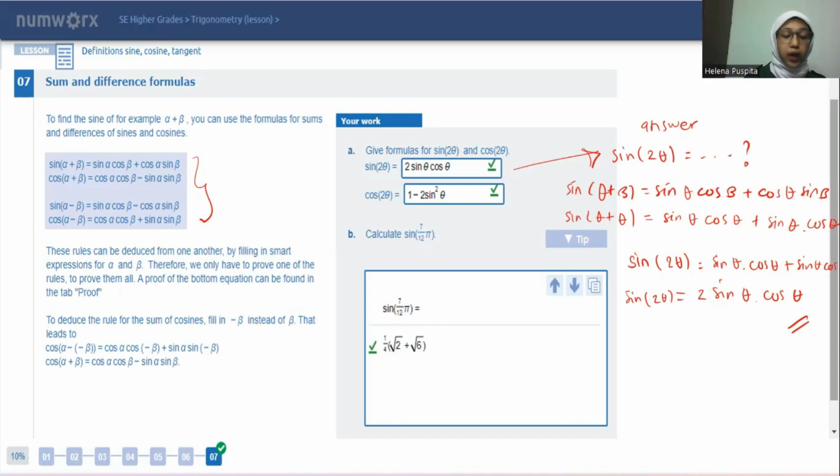To prove them all, a proof of the bottom equation can be found in the step proof. To deduce the rule for the sum of cosine, fill in minus beta instead of beta. That leads to this formula.